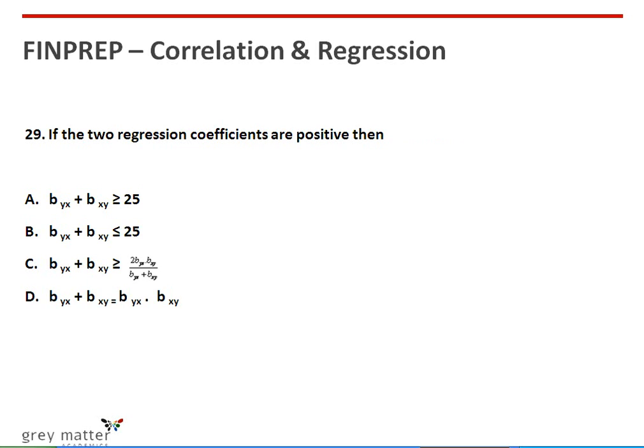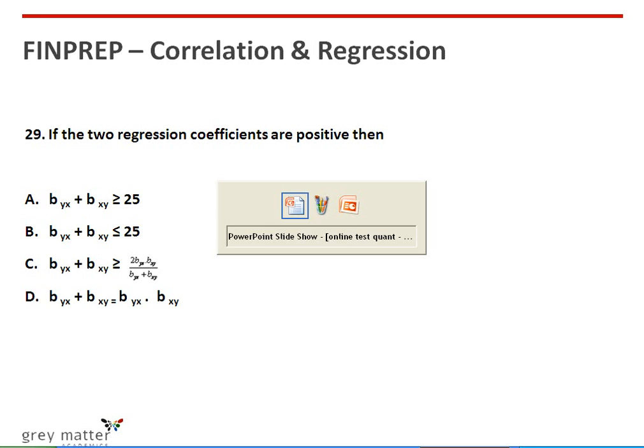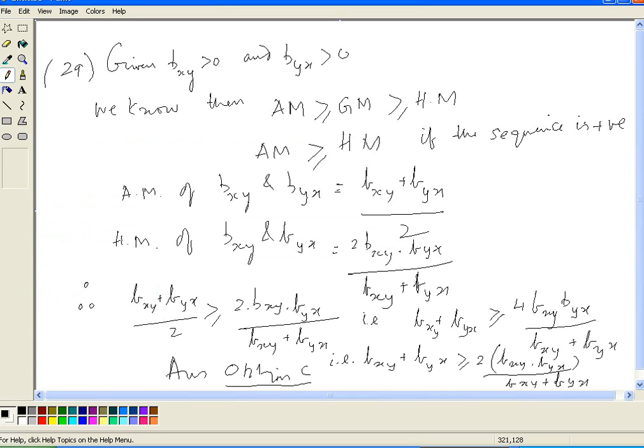29th question, if the two regression coefficients are positive, then going to our work area, given bxy is greater than 0 and byx greater than 0, we also know that arithmetic mean is always greater than or equal to geometric mean, greater than or equal to harmonic mean. That is, arithmetic mean is greater than or equal to harmonic mean if the sequence is positive.